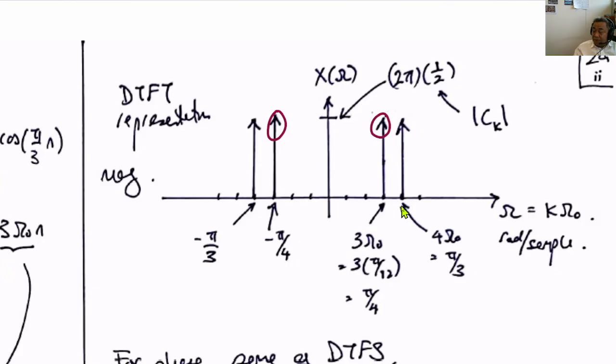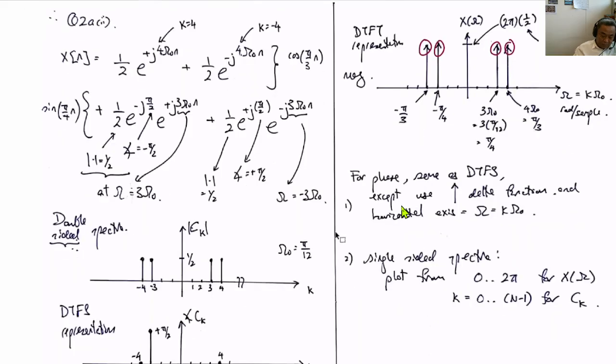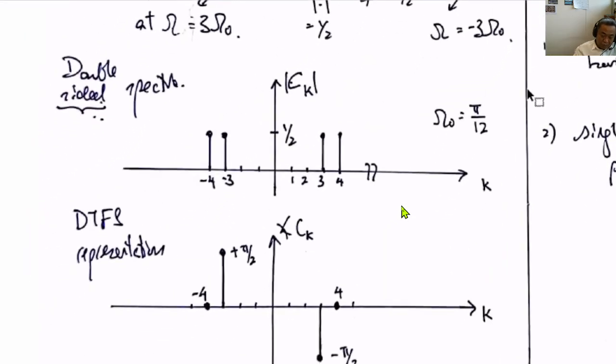This is at k equals 4. All the magnitudes are the same. Okay, so I should draw it here. The magnitude is half, and for this one the magnitude is also half. But for the sinusoid at k equals 3, the phase is minus pi over 2. At C minus 3, the phase is plus pi over 2.